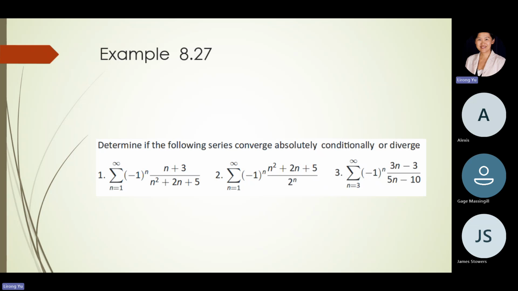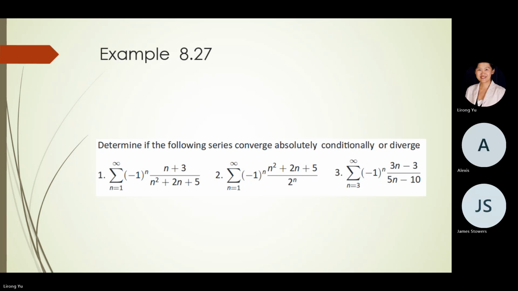That's the first one. The second one, second example, what do you think? Converge or diverge? Converge conditionally.